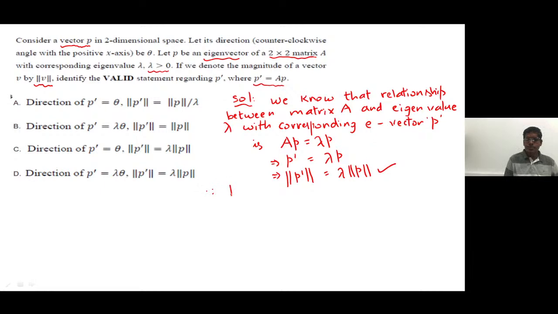Since P is a two-dimensional vector and lambda is a scalar, it implies lambda into P is also a two-dimensional vector. First of all, this observation.